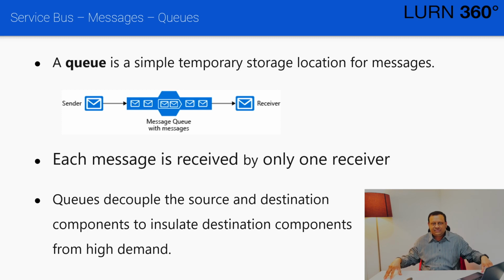The sending system can keep on sending hundreds of messages per minute, and the receiving system can continue to ingest maybe 10 or 15 messages per minute. But the rest of the messages are not being lost, they are being temporarily held in the queue. So queues are very important in Service Bus, and we'll make use of them in the exercises in the upcoming videos.